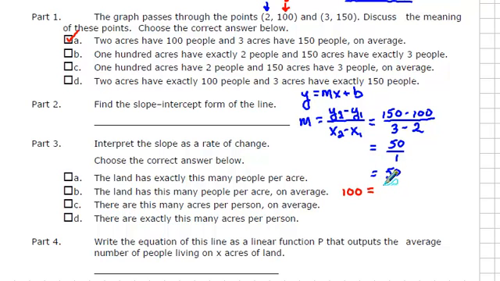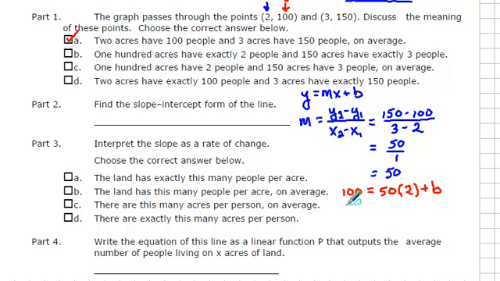For m, we'll substitute 50. For x, we'll substitute 2, and then we'll add b. We have not figured out the y-intercept yet, and so we have to leave b in the formula.